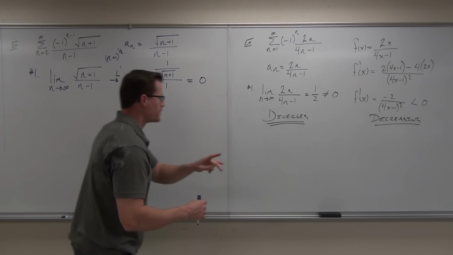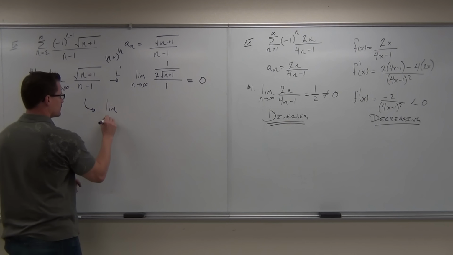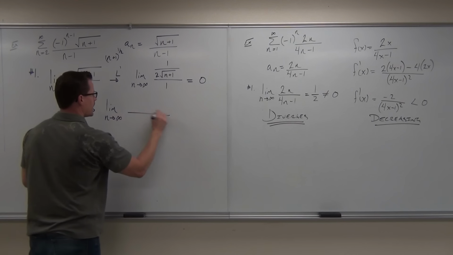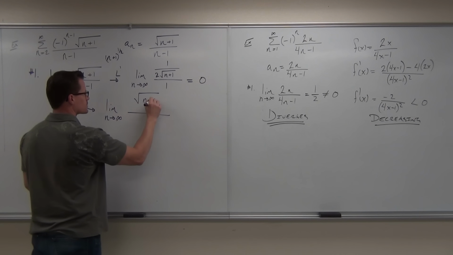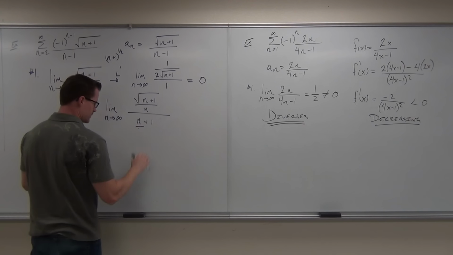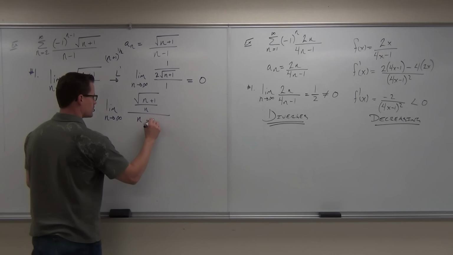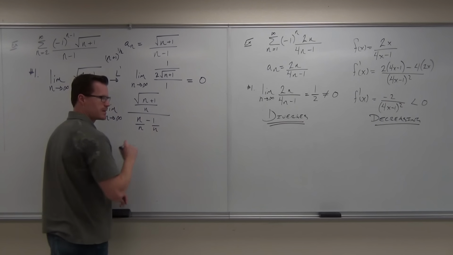Be careful on this. If you divide everything by n, watch your square root. What happens is you do this, n plus 1 over n, n minus 1 over, sorry. Like that, you know?